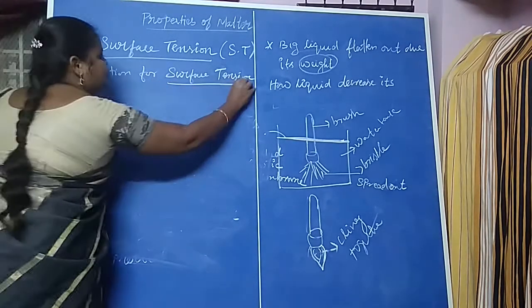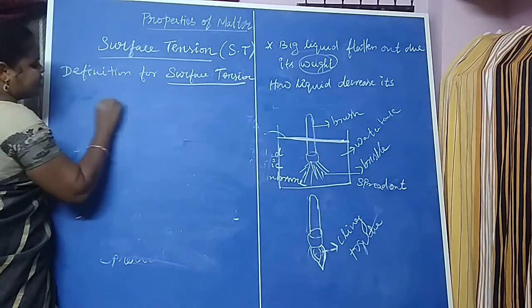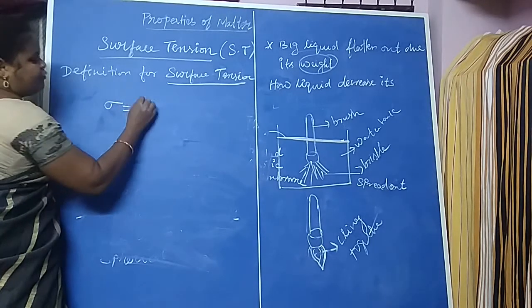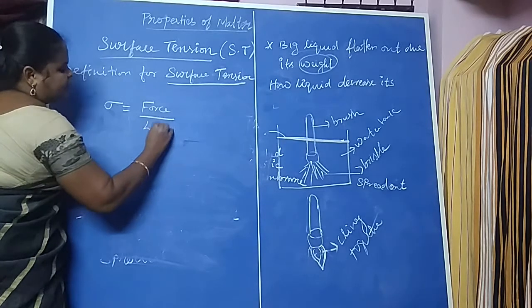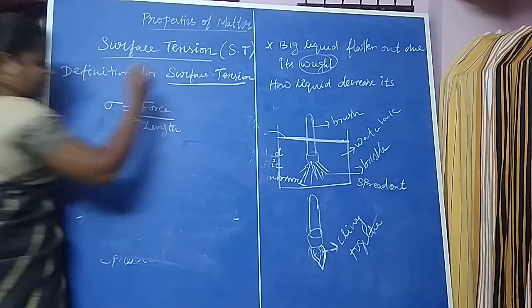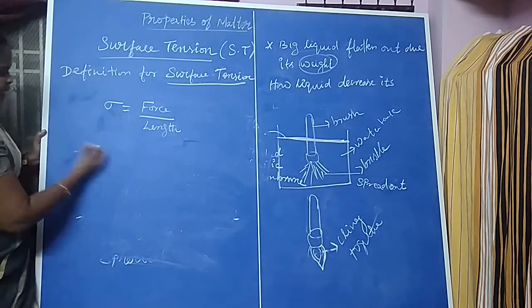Surface tension is usually represented by the symbol sigma. It takes the form force acting per unit length. So how to define it?